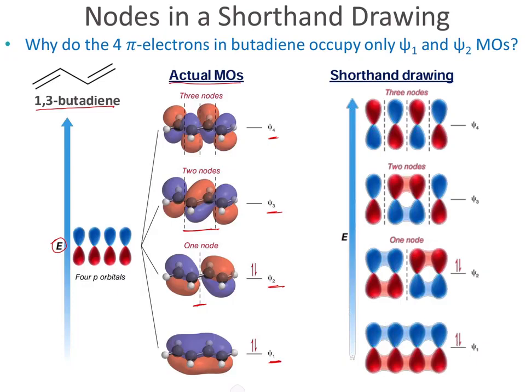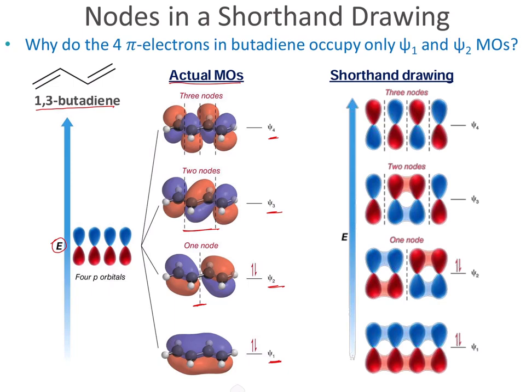When we're filling the orbitals with the electrons, we need to know how many total electrons are there. Each carbon atom is producing 1 pi electron to contribute to the bonding. So there are 4 atoms, and there are 4 electrons involved.